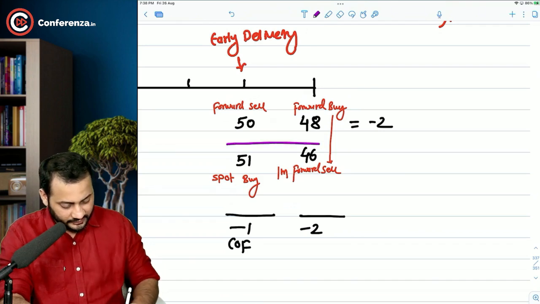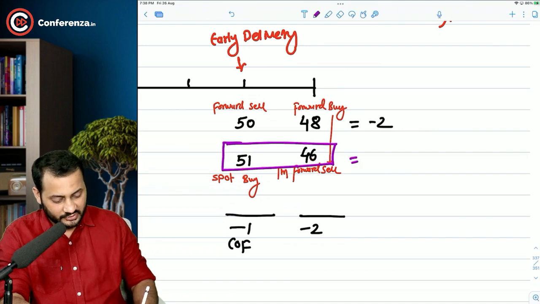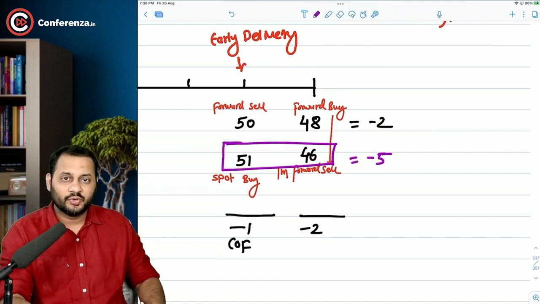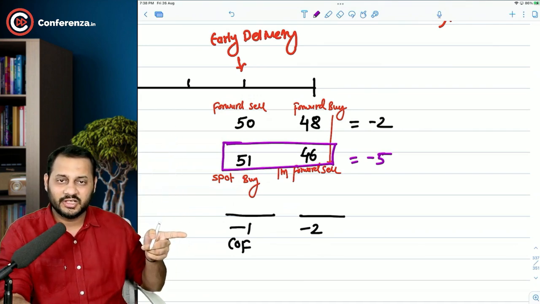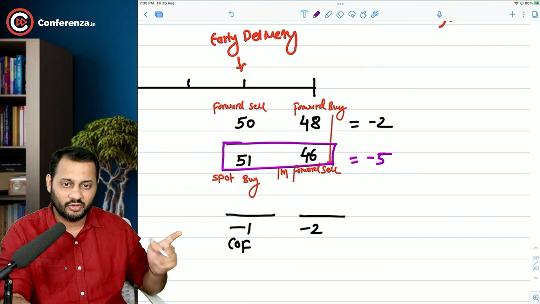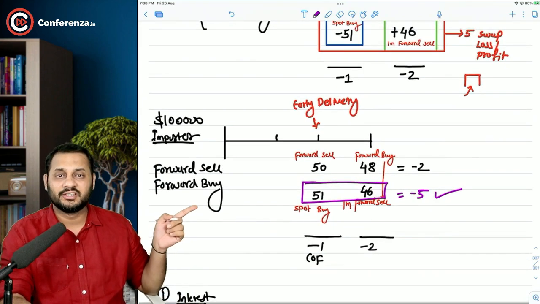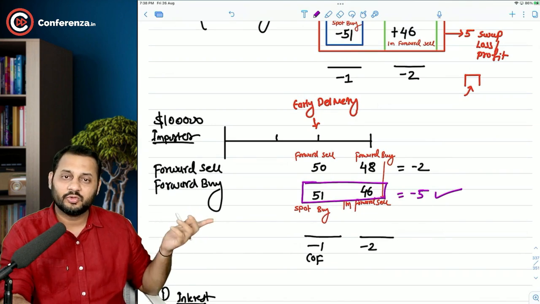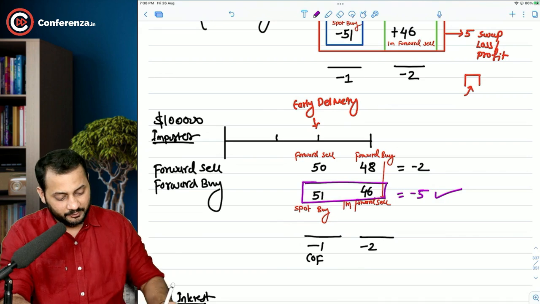Let's take the difference between these two. You can clearly see the bank is buying at 51 and selling at 46. The total is -5. So either you take those 3 transactions, the total of those 3 will be 5 rupees of the loss, or you take these two transactions and the total of this will also be 5 rupees. This is called swap loss.